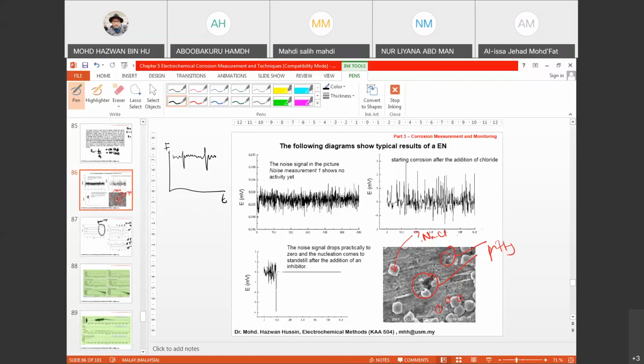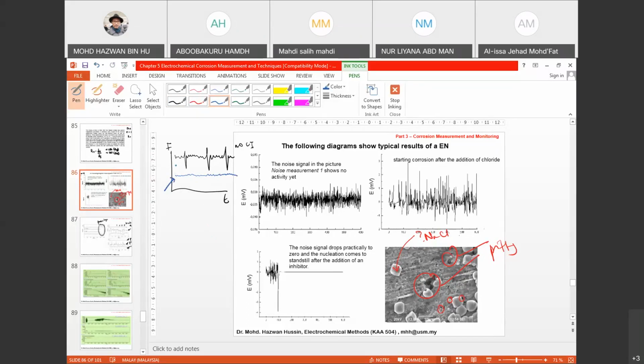So this is probably the information that you get without any inhibitors, no CI. So when you add the inhibitors, normally you will see that it forms very stable current values. And another thing you will notice is that when I overlay, the current value is not the same.